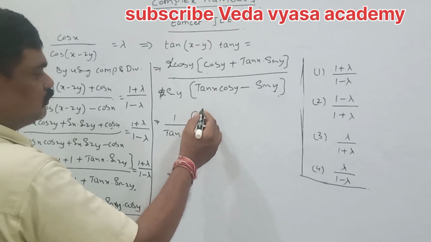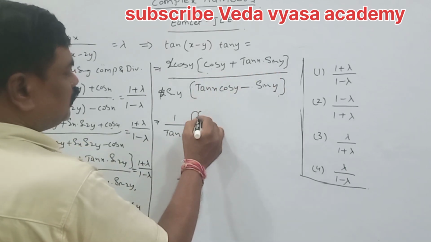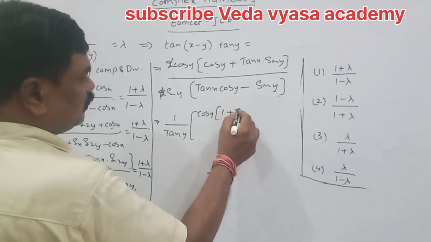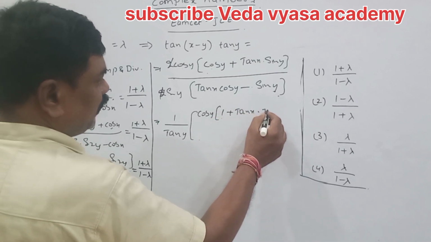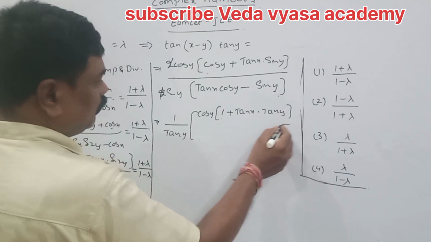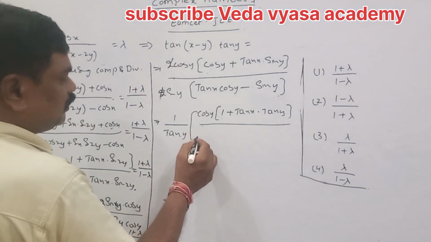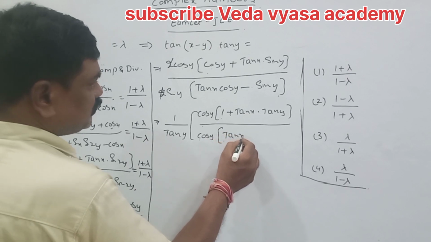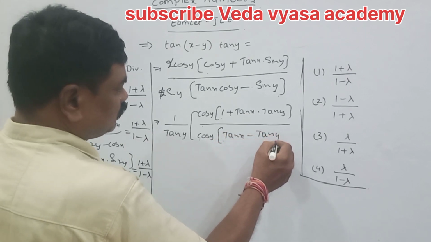So for this value you take cos y common in the numerator, then 1 plus tan x into tan y, by denominator cos y as common, then tan x minus tan y.